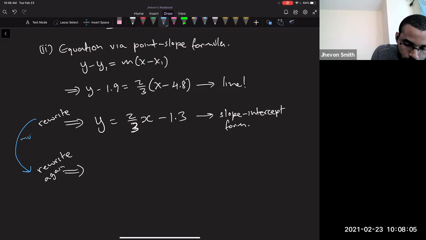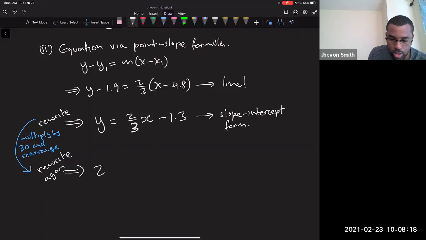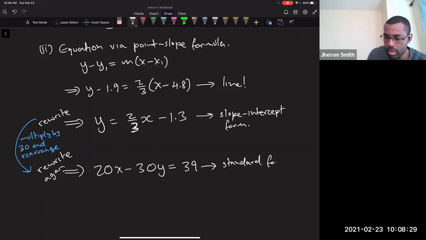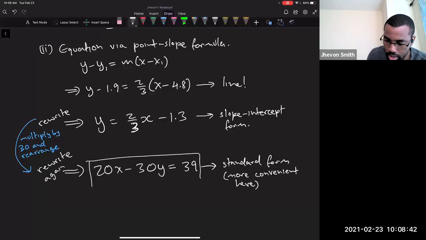So what I did here was multiply by 30 and rearrange. Right? And I can rearrange it in this form, 20x minus 30y equals 39. This is the so-called standard form. More convenient for us. Okay, so I'm going to take that to be the equation.